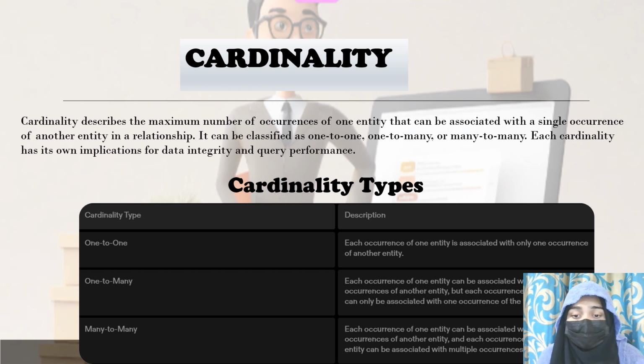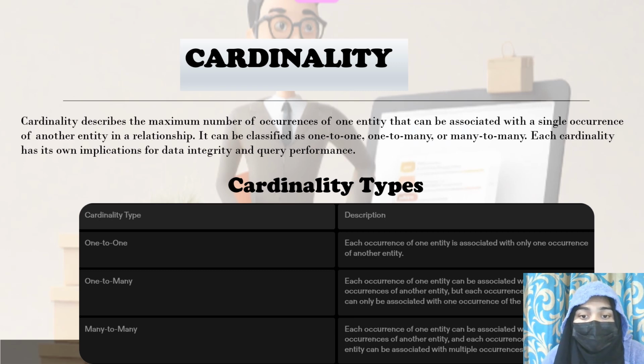These are the four types, and here we have mentioned only three. Sorry for that. One-to-one: each occurrence of one entity is associated with only one occurrence of another entity. I repeat, we have two tables where the cardinality and the description have been given.